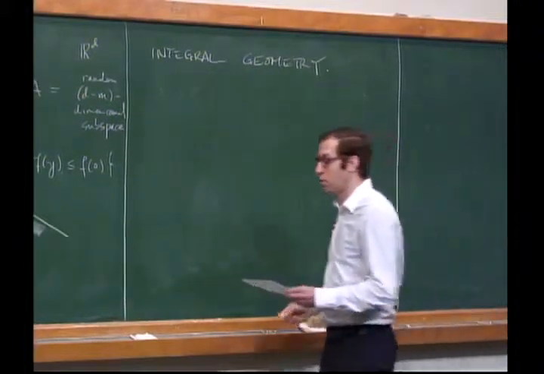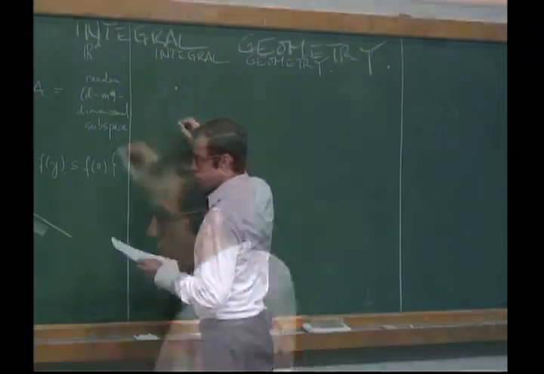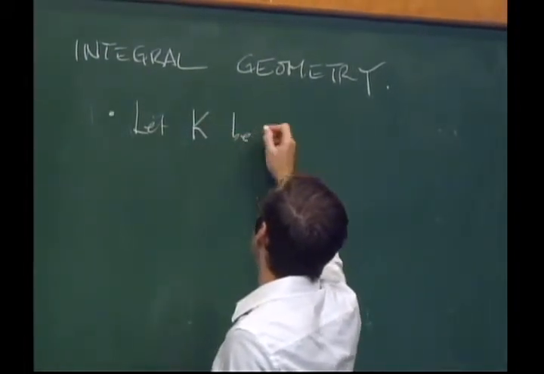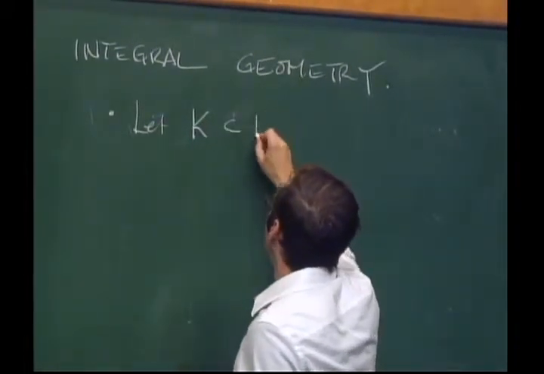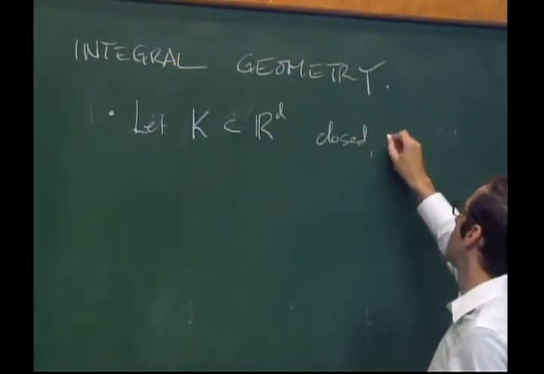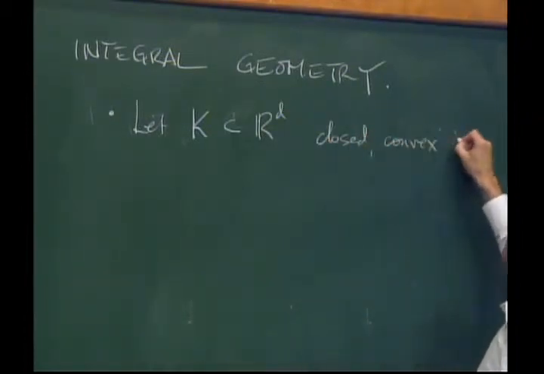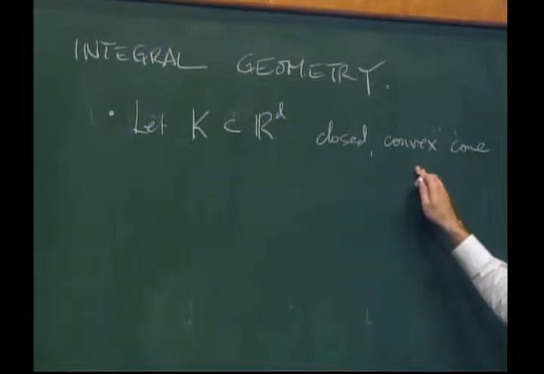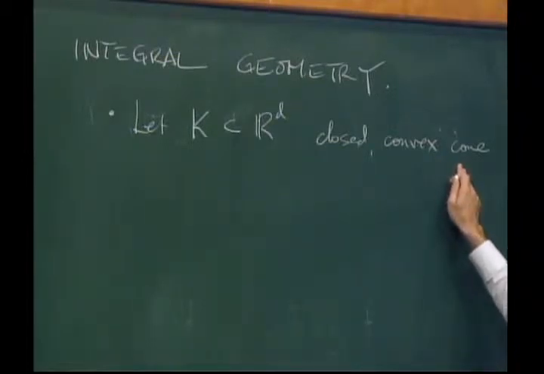We'll come back to it at the end of this hour. So we're going to let K be a closed convex cone in R^d. So convex means it's a convex set. Cone means that it contains all of its rays emanating from the origin.